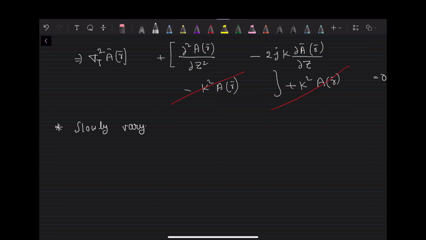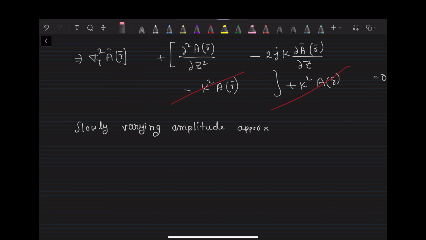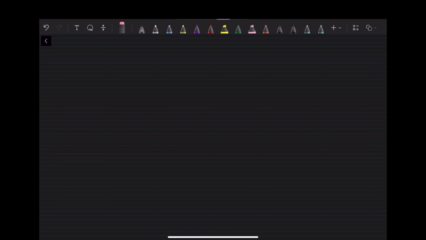slowly varying. The approximation is called slowly varying envelope approximation.